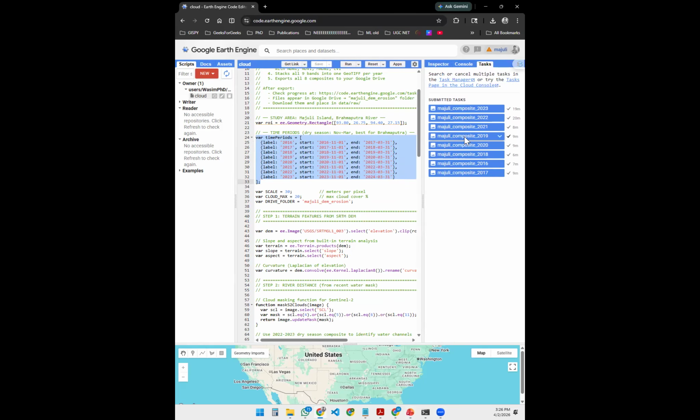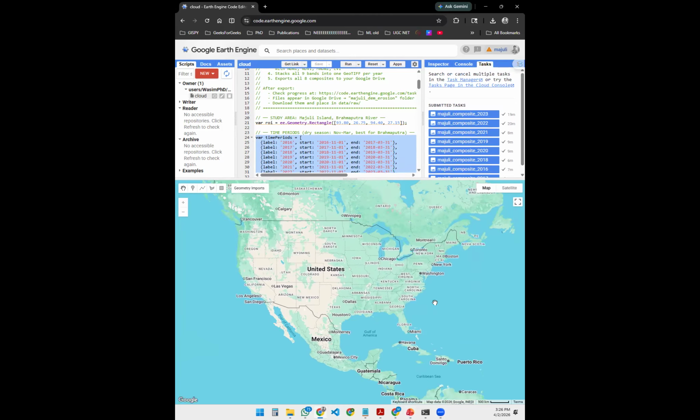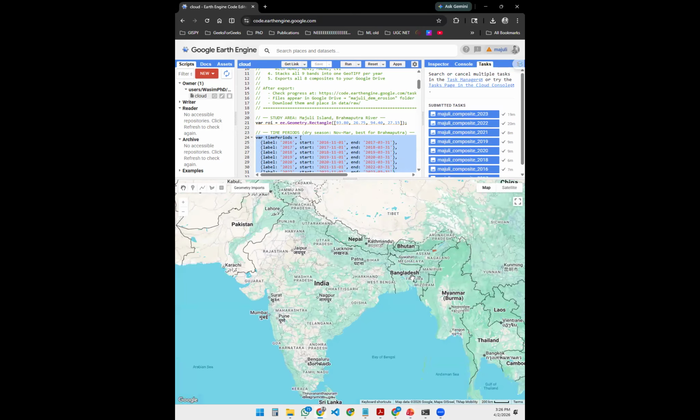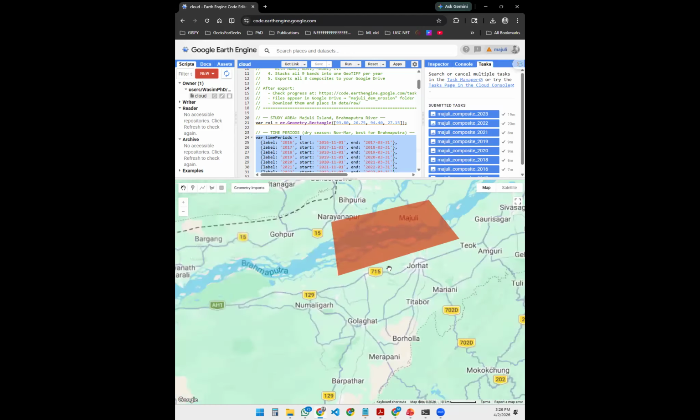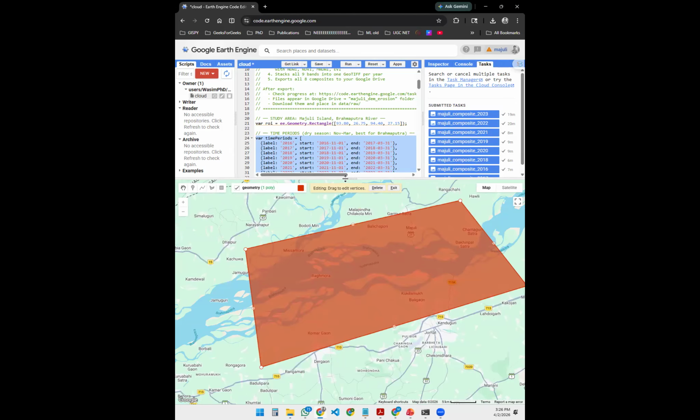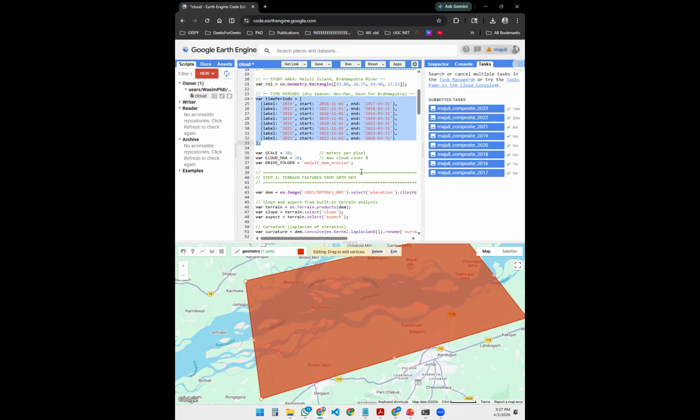These composites have been downloaded, and the result can be shown here. So different time-based labels are given, starting from 2016.